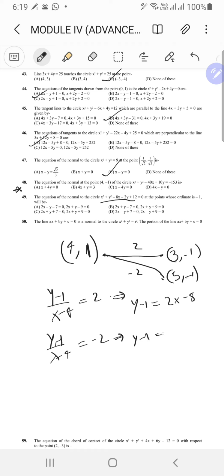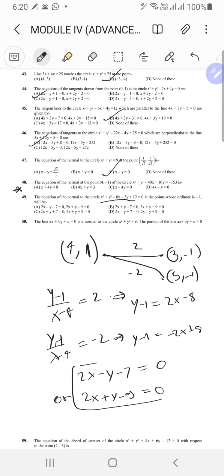That gives me y minus 1 equal to minus 2x plus 8. So in the end it's just 2x minus y minus 7 equal to 0, or 2x plus y minus 9 equal to 0. Okay, these two should be the normals, right?